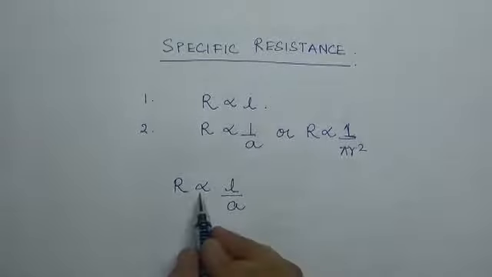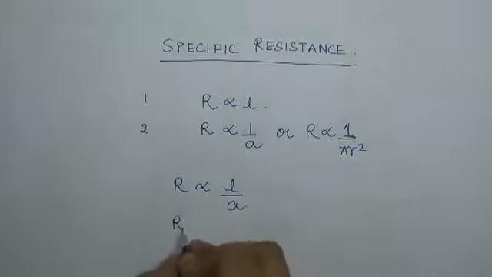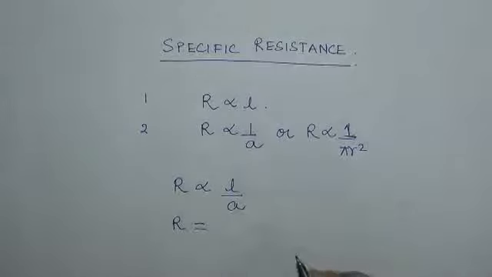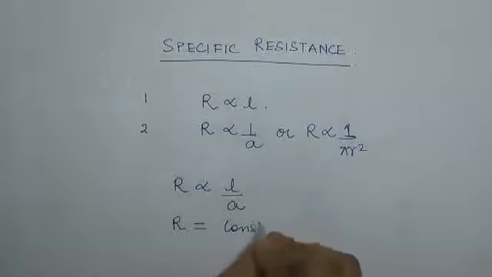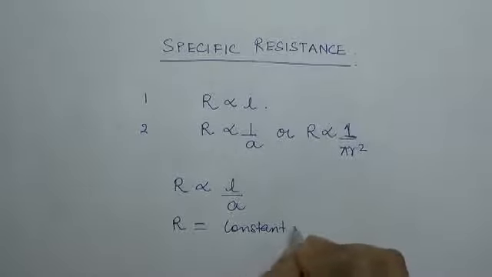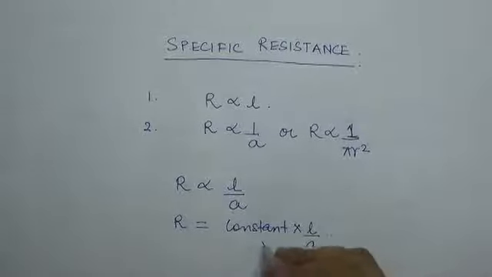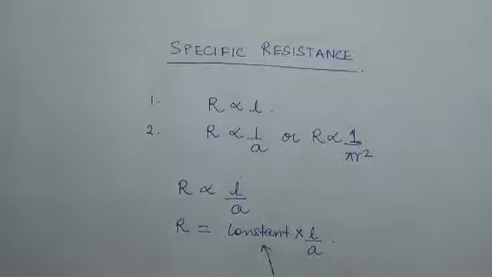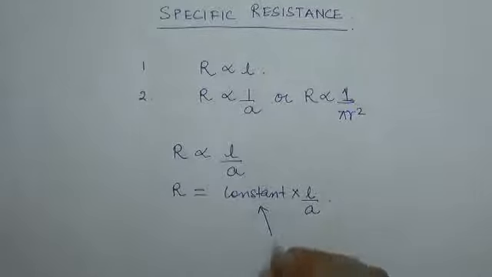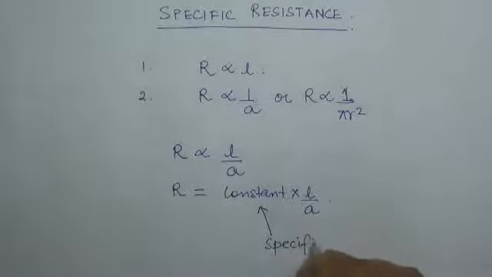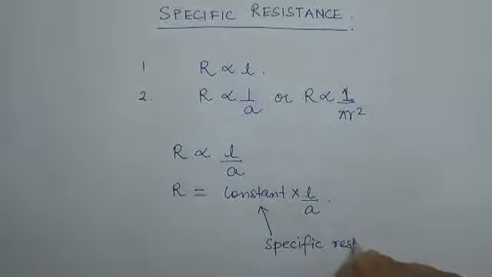Now again, if I remove this proportional sign and replace it with an equal to sign, I told you we always get a constant. So we'll have a constant here. This constant is called specific resistance.